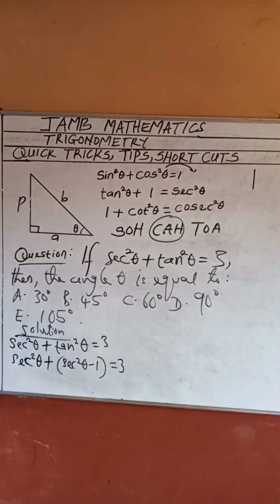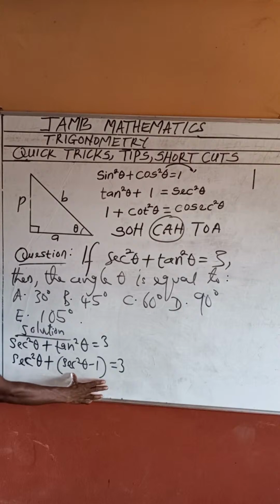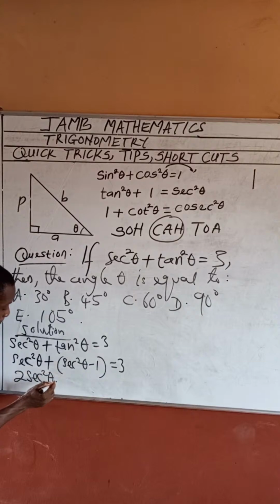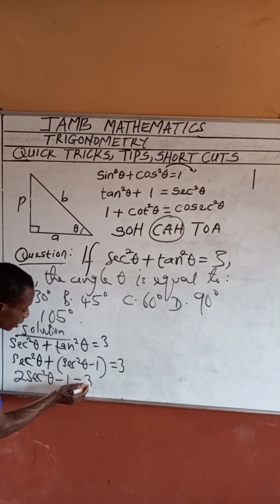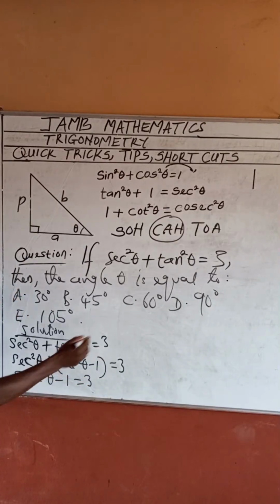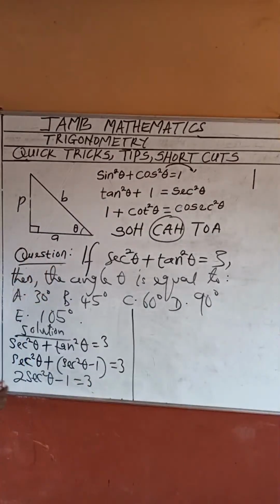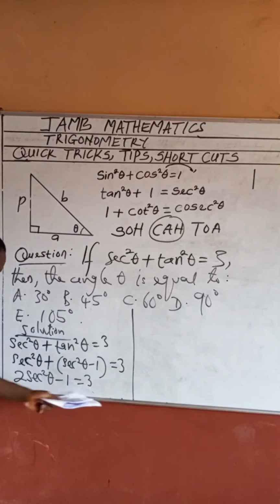Now there's no plus, there's no minus here, so the bracket is irrelevant. So just add up these two. If you add it up, we are going to have 2 sec square theta, then minus 1 equals to 3. And Miss Sandra Esther may have used another method, yet she will still get the same answer.